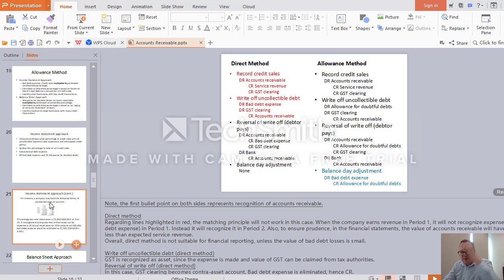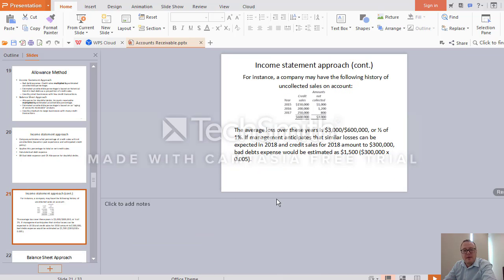So for example here, there was in the previous years credit sales amounts not collected. So average non-payment over the years was 0.5%. And you will apply this 0.5% to this year's amount of credit sales.